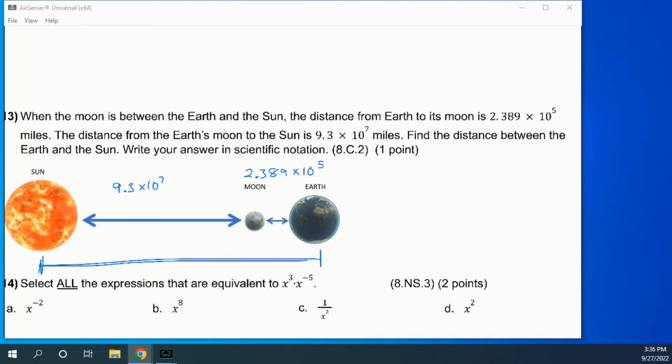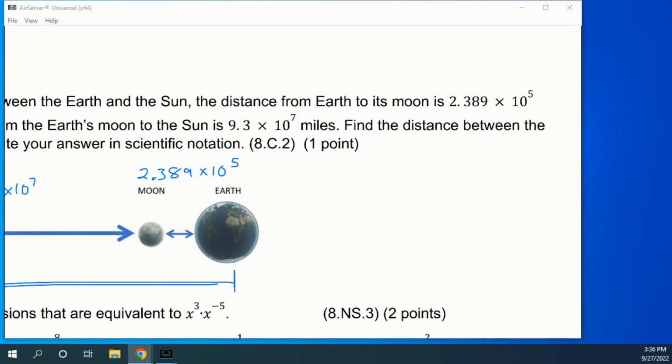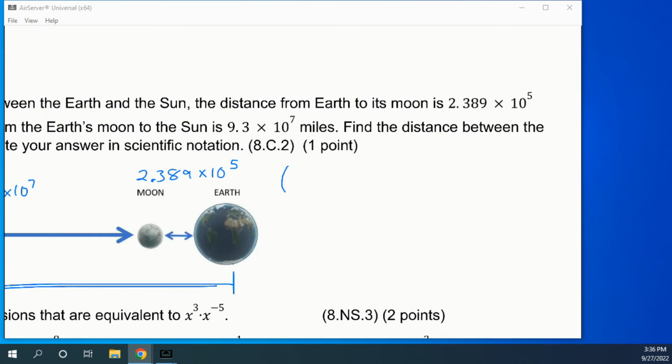So this is going to be, I think we're just adding up the distance from the Earth to the moon and the moon to the sun. That's what I'm going to do. I think this is an addition problem. So I'm going to take my Earth, or the moon, sorry, Earth to moon distance.